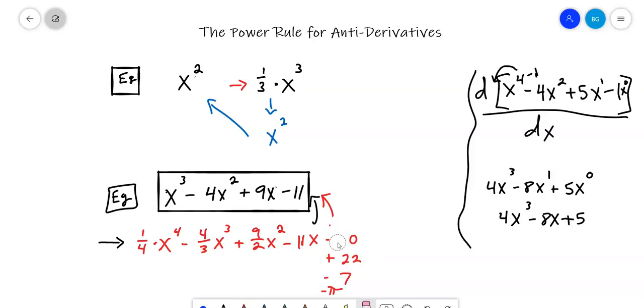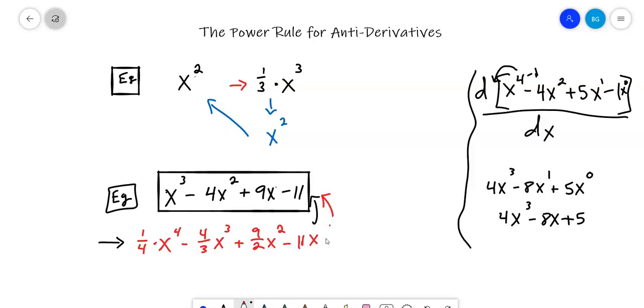Like, if I would just do the antiderivative process, which I usually call the power rule because it is just the inverse of the power rule. So if I do this sort of power rule for antiderivatives, I get what I have in red, but that's not the whole story. Or at least it doesn't have to be. There might have been a constant there that I didn't know about.